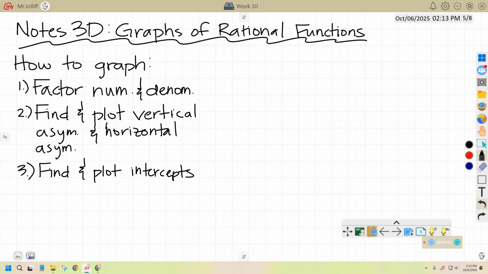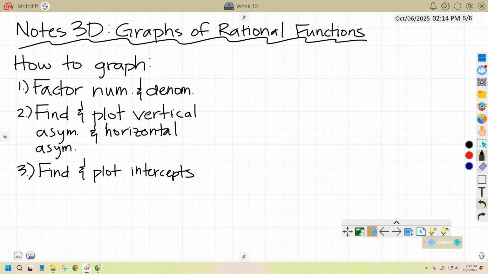Both x and y. We know our y-intercept happens when x is 0. Our x-intercepts happen when y is 0. And that's going to give us a pretty good idea of the shape of our graph.